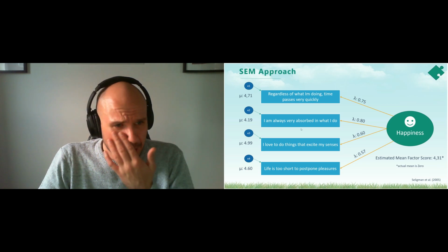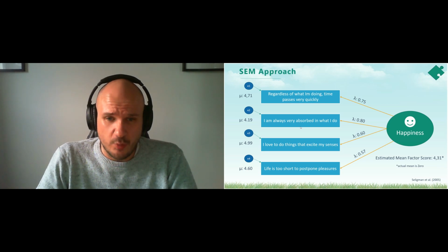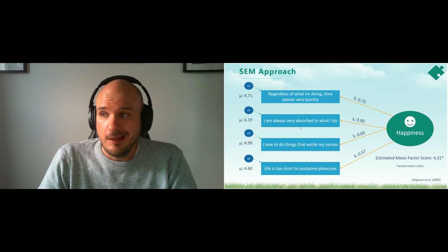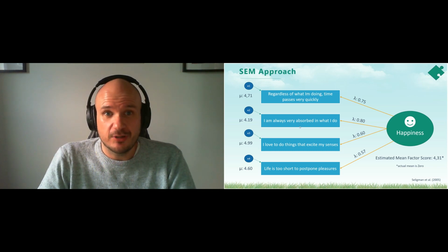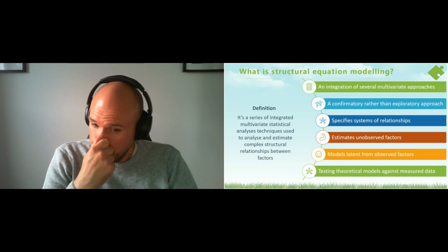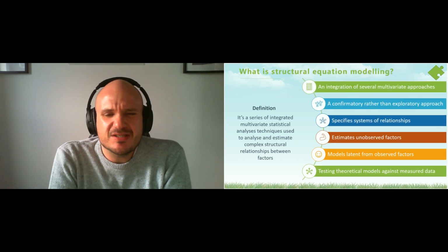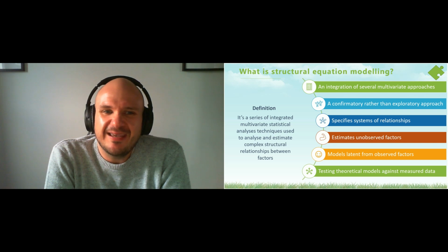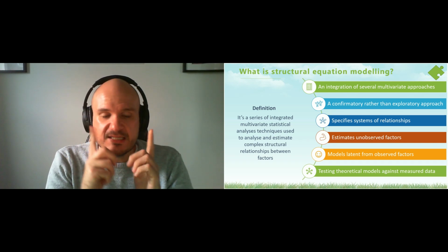Okay, but now how do we compensate for this? What do we do? Well, we utilize structural equation modeling, and this solves all of our problems. So what is structural equation modeling? Basically, it's not one single technique.